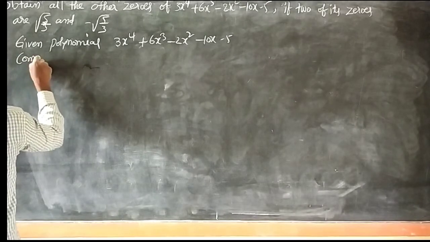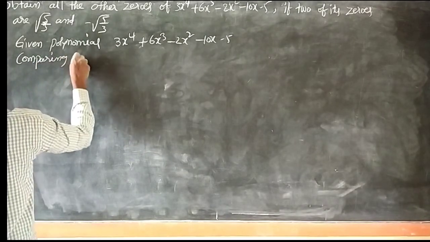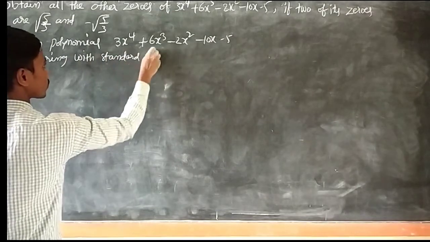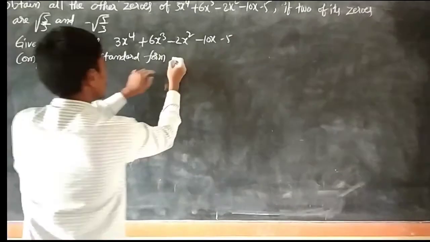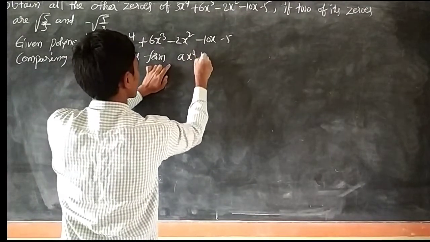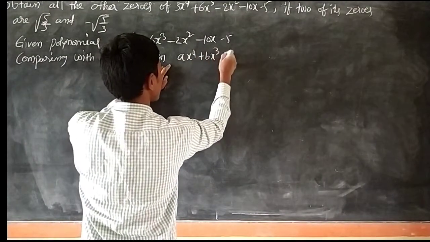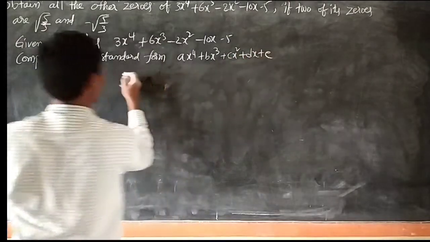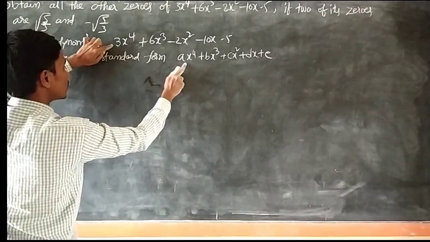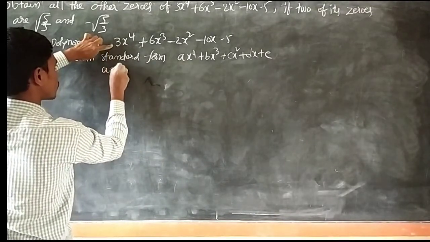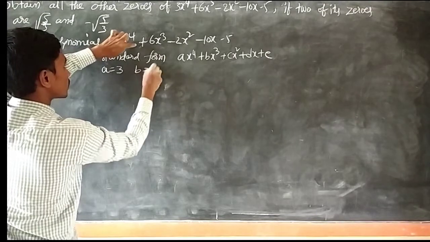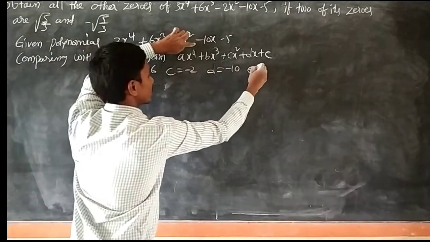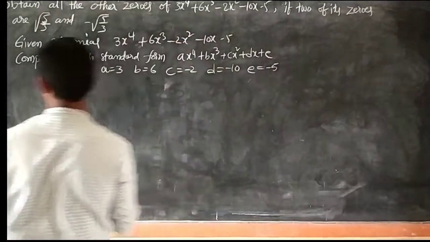Comparing with the standard form, ax power 4 plus bx cube plus cx square plus dx plus e. While comparing with the standard form, a is equal to 3, b is equal to 6, c is equal to minus 2, d is equal to minus 10, e is equal to minus 5.